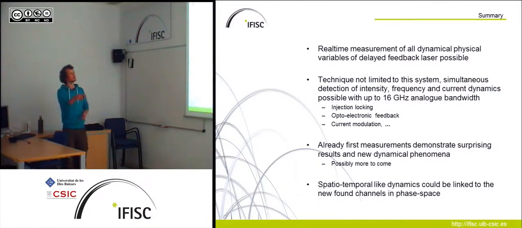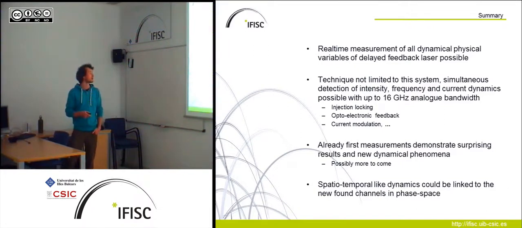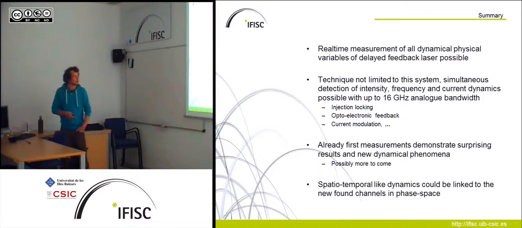With the frequency of course you have to make the trade-off between temporal and spectral resolution. This could be used also to have a closer look at injection locking, optoelectronic feedback, current modulation. So it's really a very flexible tool, with very broad applicability.